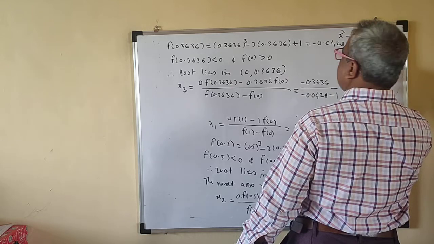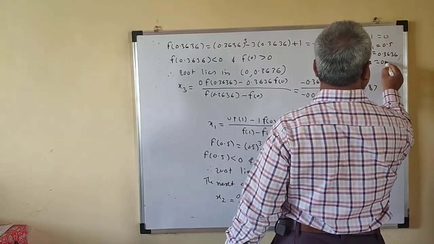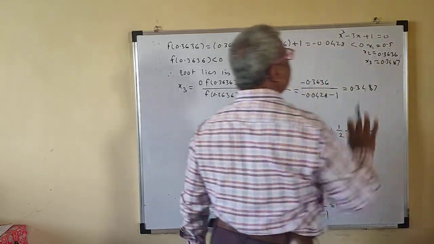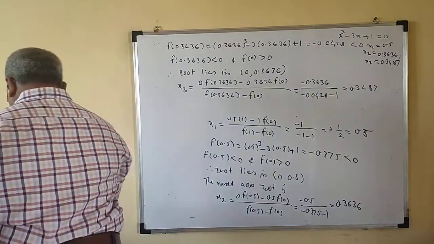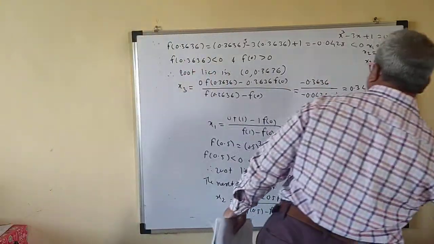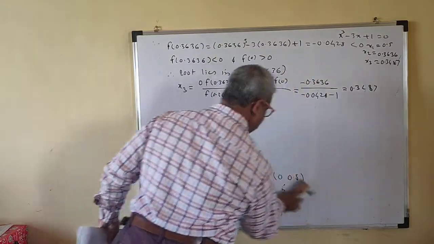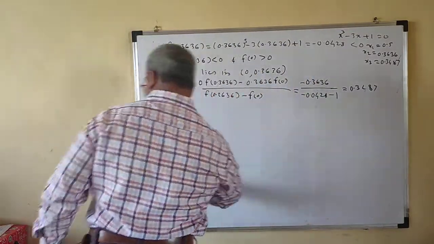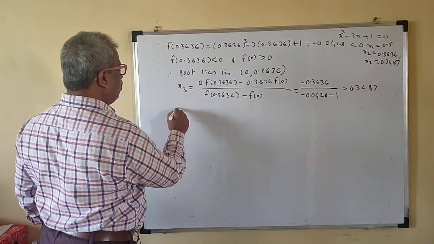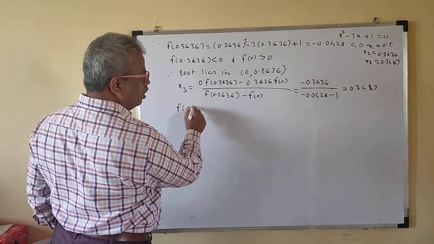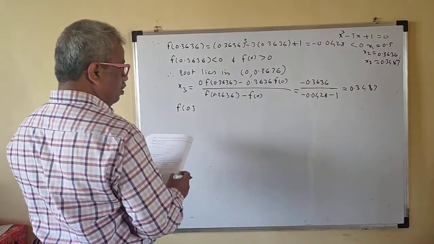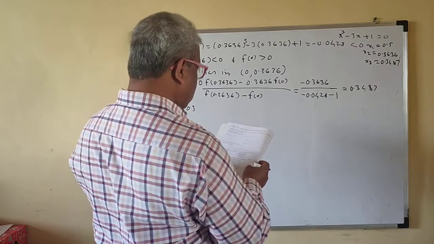0.3636. Now x3, you got just what? 0.3487. I am writing the value of this one. Okay, now we will find the value of f of x3, which is 0.3487.